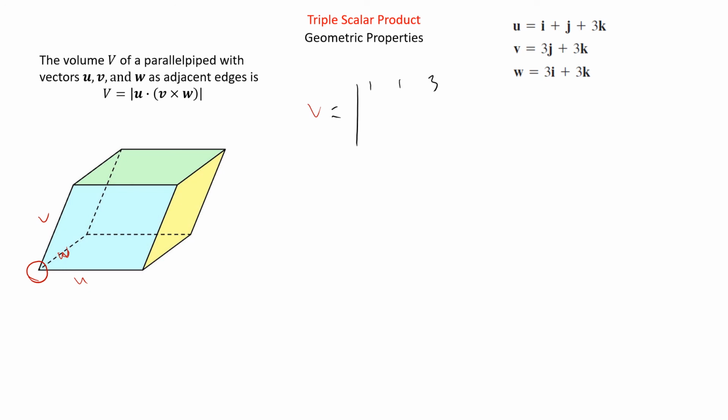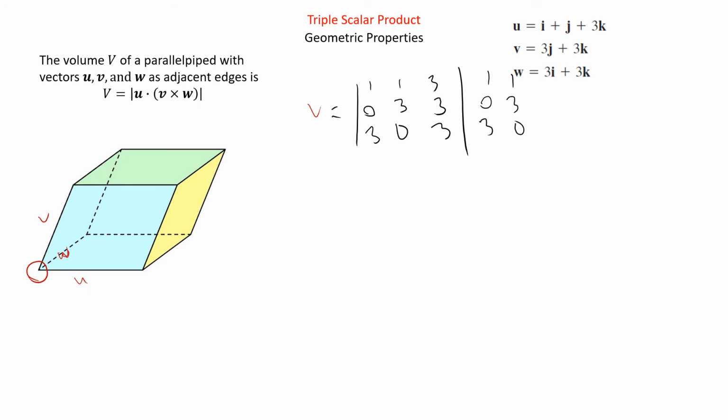V, we have 0 i's, and then 3, 3. And then W, we have 3, we have 0 j's, and 3. Having zeros in your determinants makes it so much nicer. Then we'll repeat the first two columns, 1, 0, 3, 1, 3, 0.